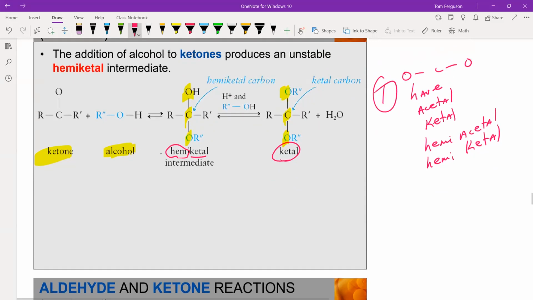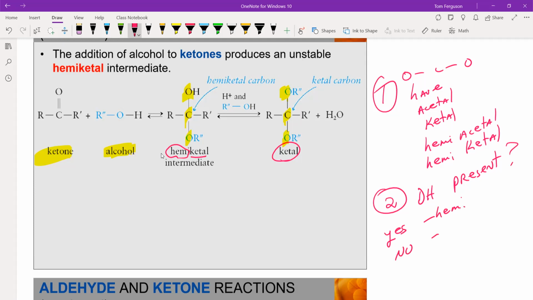Okay, so step number one is: is OCO present. Step number two is: is OH present on that carbon. If yes, it's a hemi. If no, not a hemi. Number three, is there an H present?